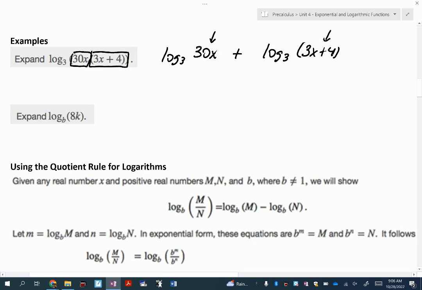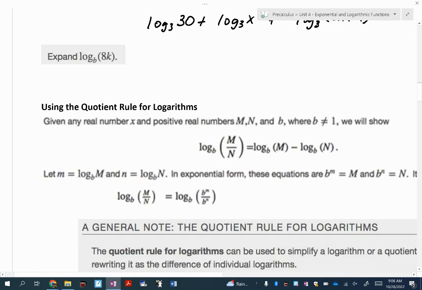But this 3x and this 4 are not connected by multiplication, so that logarithm is just going to stay like it is. So log base 3 of 30 plus log base 3 of x plus log base 3 of (3x + 4).